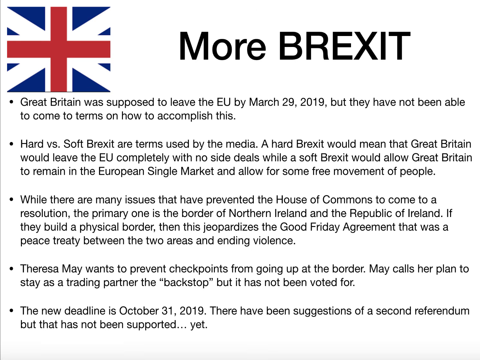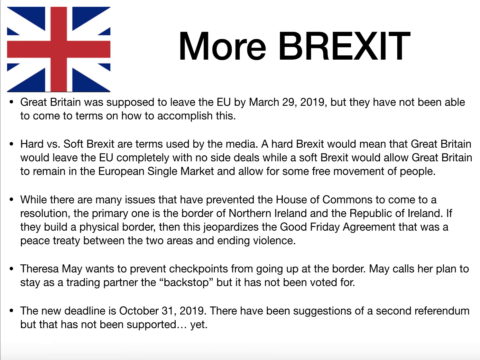The primary conflict has been the border between Northern Ireland and Ireland. So I told you there was a history of conflict there, and they finally came to a peace settlement. They called it the Good Friday Agreement, and that ended, for the most part, the violence between Ireland and Northern Ireland.